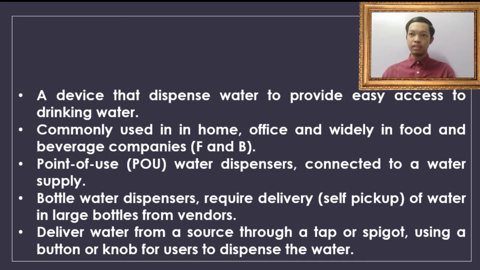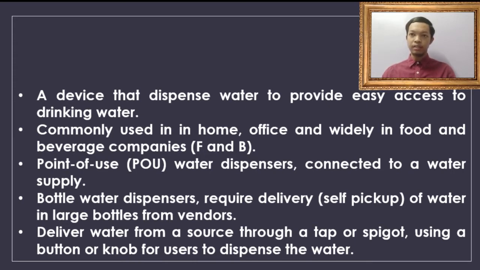Then, water dispensers are commonly used in food and beverage companies, which is F&B. Water dispensers come in a variety of form factors, ranging from wall-mounted to bottle filler water dispensers, combination units, to bi-level units and other formats.